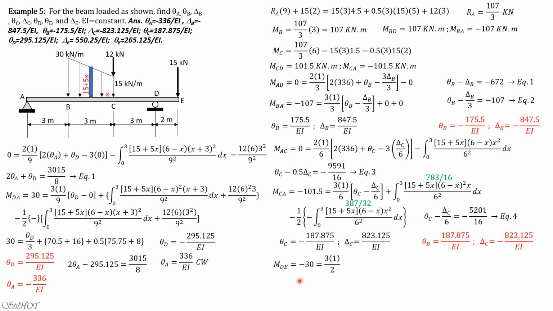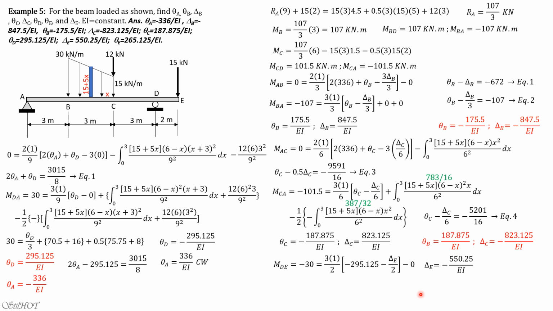So moment D is negative 30 equals 3EI over L, which is 2 this time, then theta D minus delta E over 2, or P, where P is delta E over 2, and we assume that delta E, or the final position of E, is below, so that the rotation of the chord is clockwise. So solving this equation, we can solve for delta E this time.